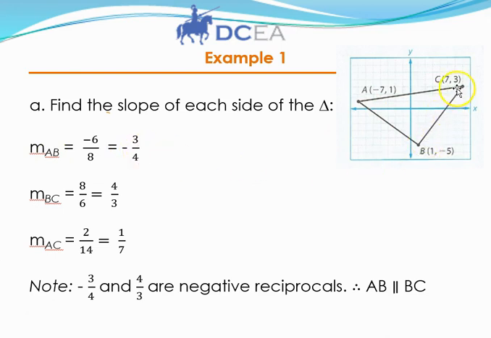The slope of BC will be 4/3. And the slope of AC is 1/7. If you want to see all of the math behind solving for those slopes, it is in your book. One of the things we need to note is that negative 3/4 and 4/3 are negative reciprocals. Consequently, AB is perpendicular to BC.